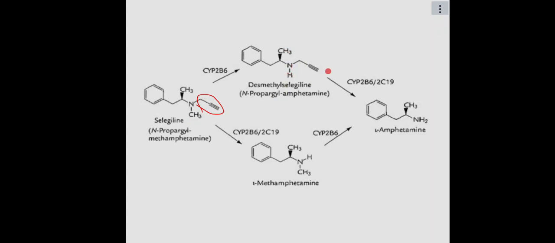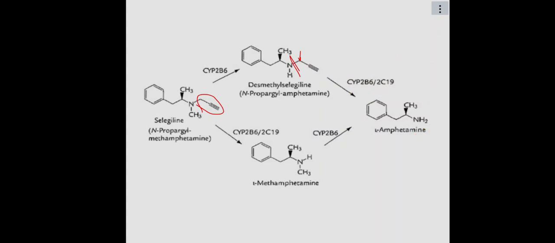You have an NH there, and that, of course, is the propargyl group. So N-propargyl amphetamine can further undergo metabolism. Look, this is an alkyl group. Again you get oxidative N-dealkylation, this time also catalyzed by mixed function oxidase, and you remove the whole of that. If you do so, the resultant drug is amphetamine.